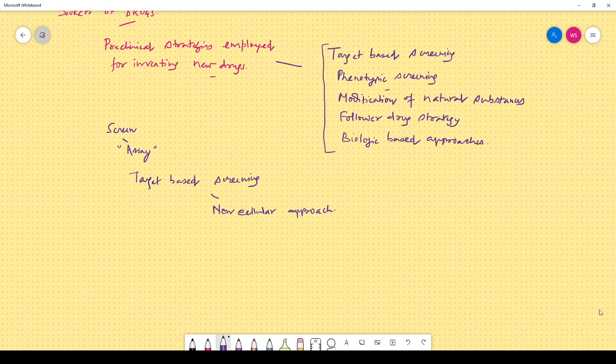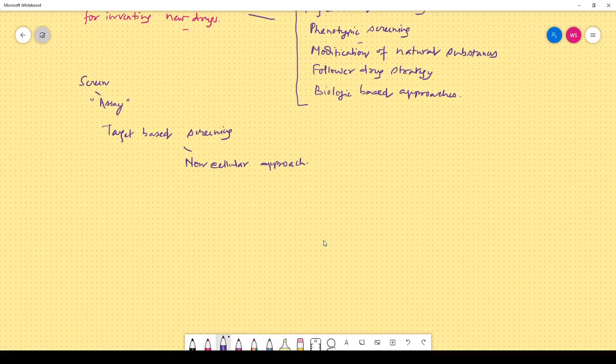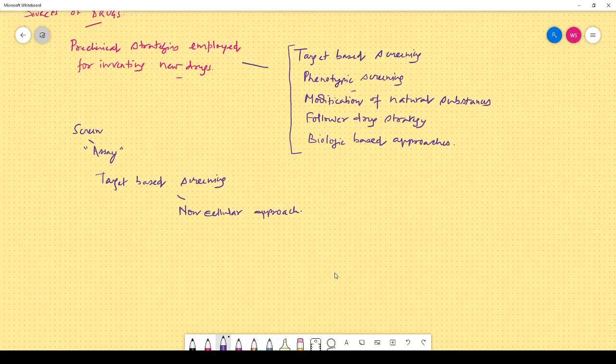Okay, so we look at certain biochemical mechanisms, and based on that mechanism, you develop an assay. Then you look at different drugs which give a positive or negative result in that assay. And that is mechanism based, so it's called target-based screening.